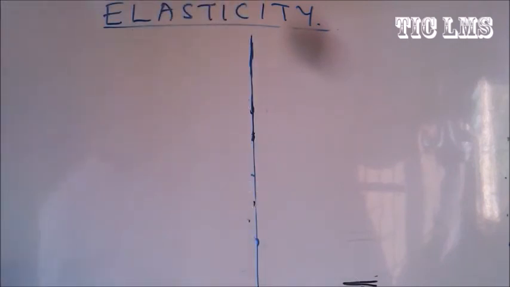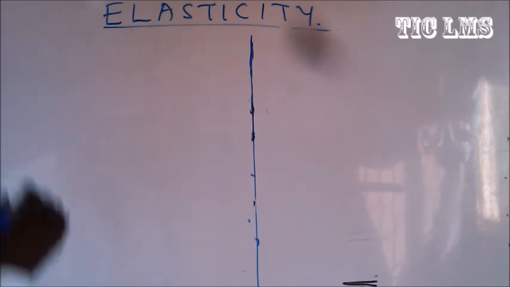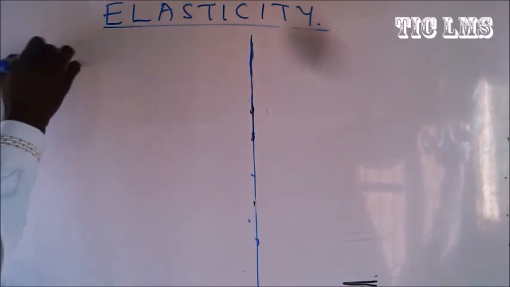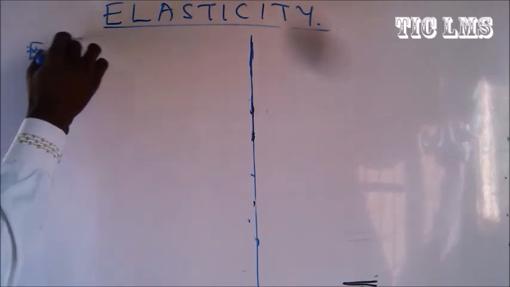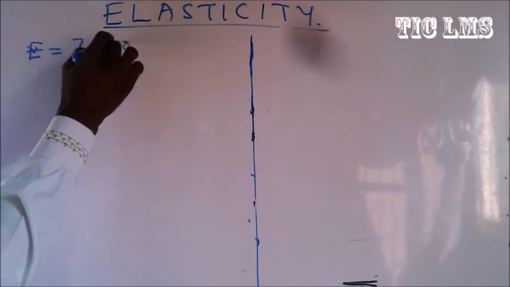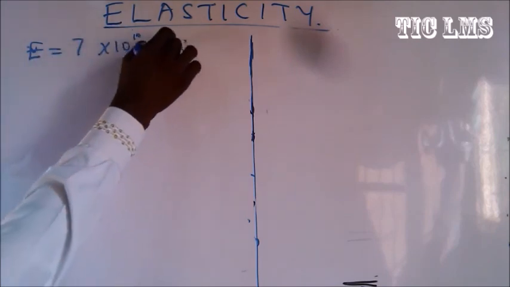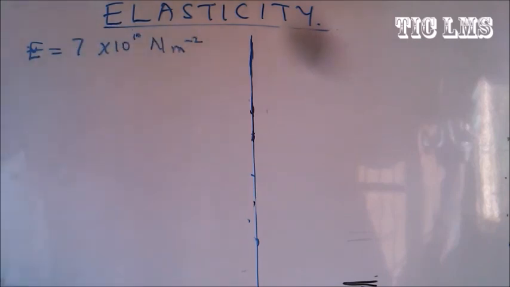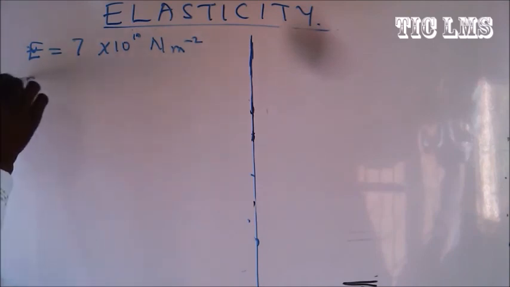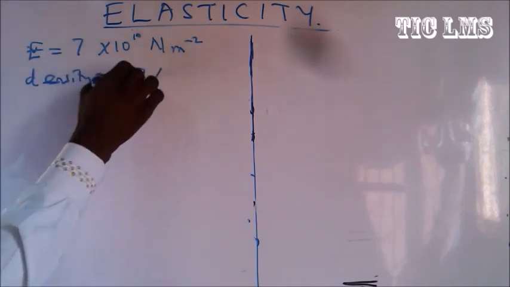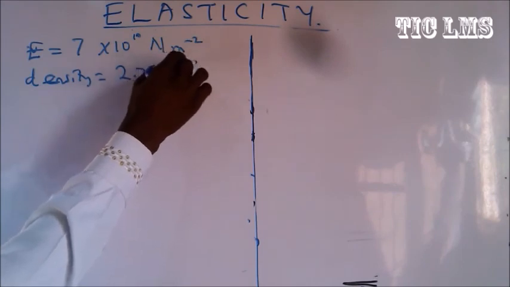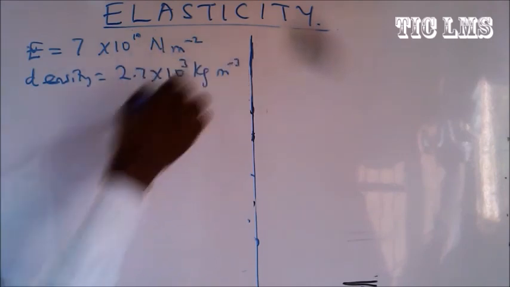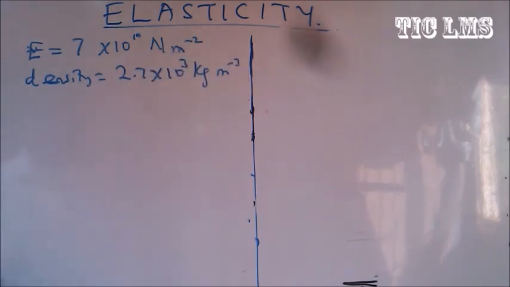Here is an introduction of velocity and density into Young modulus. We are given the Young modulus as 7 times 10 to the power of 10 Newton meter minus 2, and we are given a density which is 2.7 times 10 raised power 3 kilogram per meter cubed. We have to find the velocity.